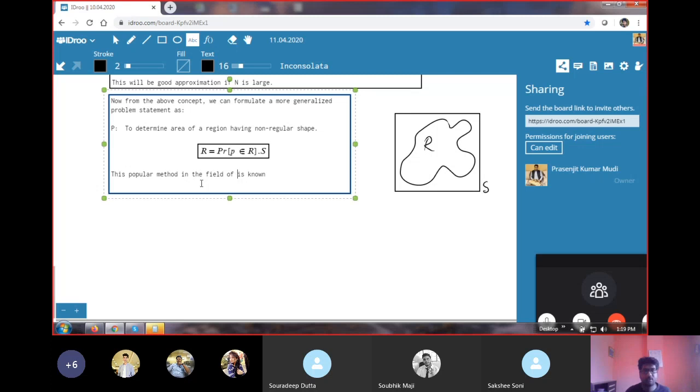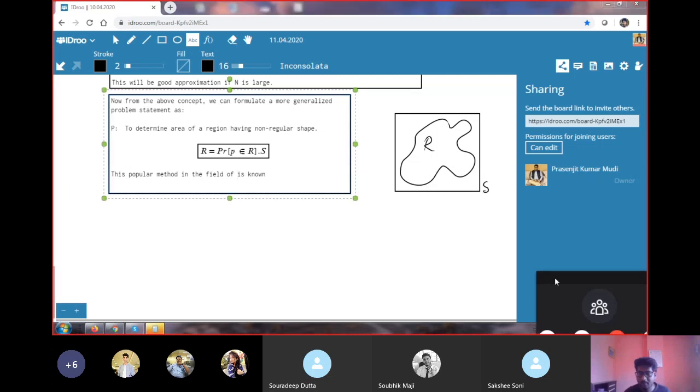This is a kind of method actually called approximation algorithms. Okay, yes, that's fine.